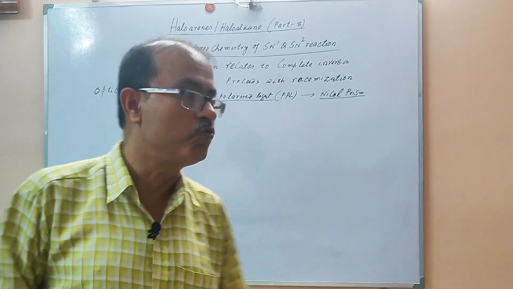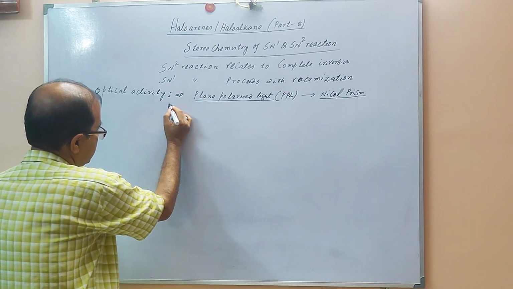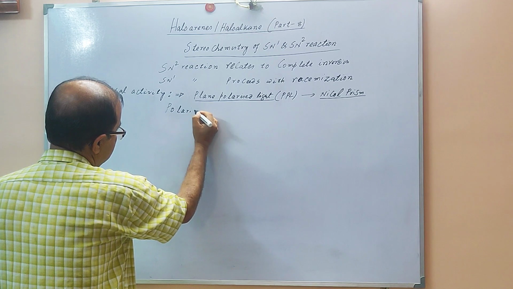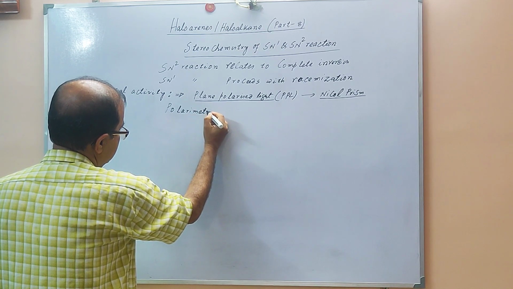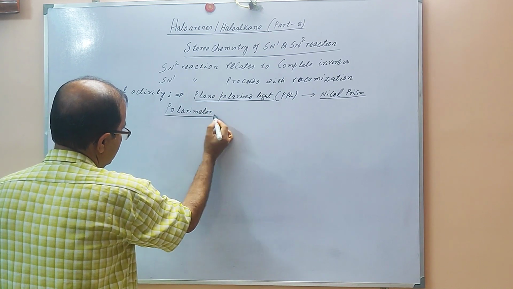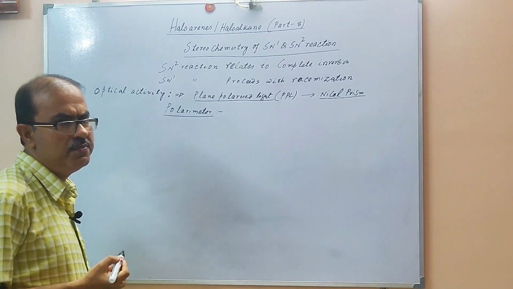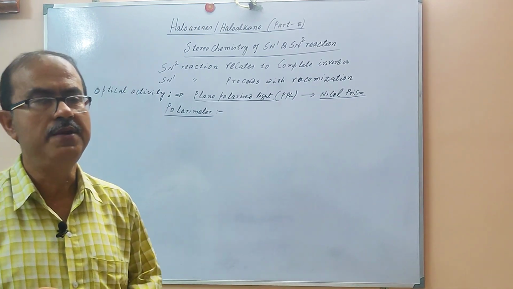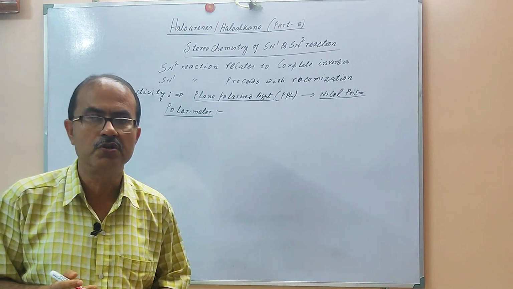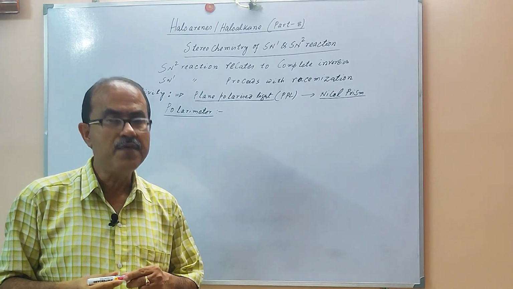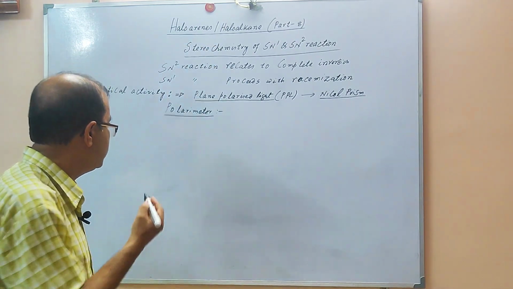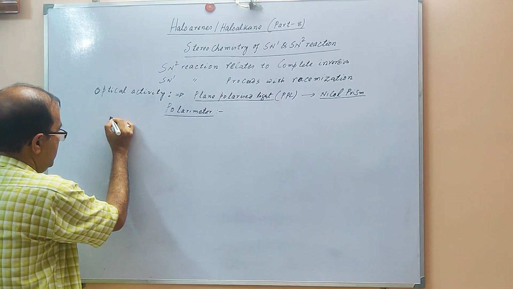Polarimeter is one of the equipment by which we can measure the degree of the rotation of the plane polarized light by the solution of the compound. When the compound rotates in the positive direction, it is called dextrorotatory.